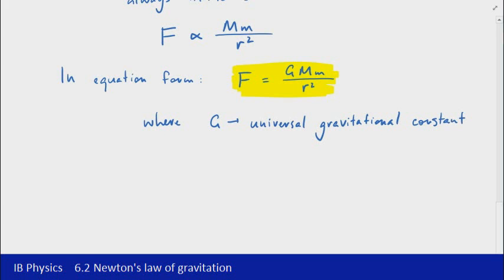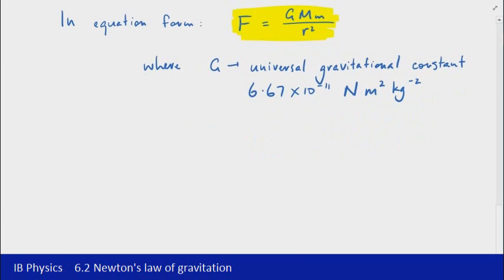And the value for capital G is 6.67 × 10^-11. You can go through and check that the units are newton meters squared per kilogram squared. So there's our equation for Newton's law of gravitation.